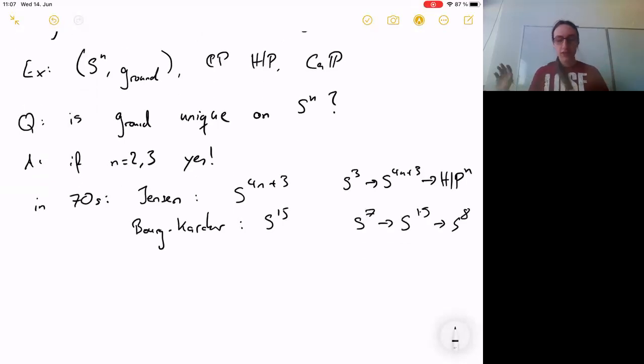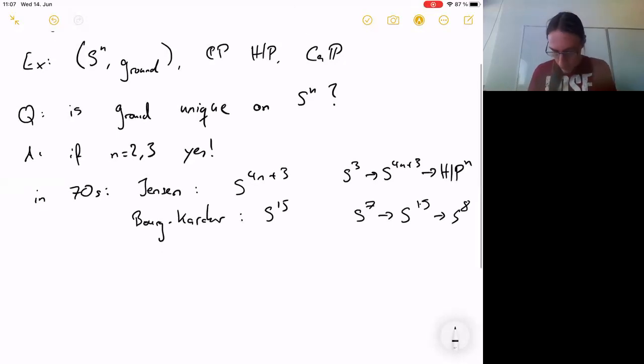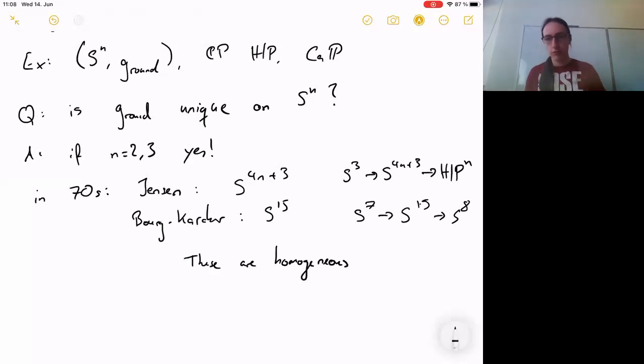So since the 70s, it's been known that at least in these dimensions there's no uniqueness. And these are homogeneous: you see by the construction that both the group that fixes the fiber and the group that acts on the base act on these metrics.